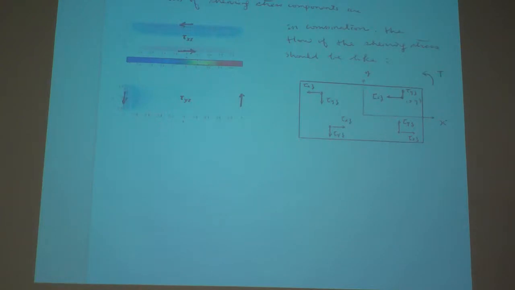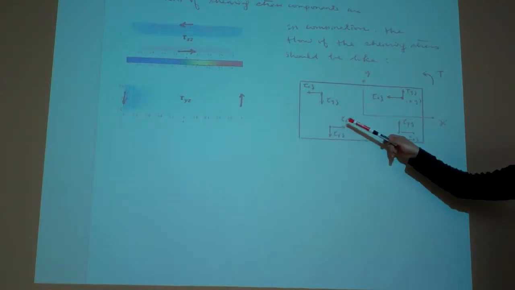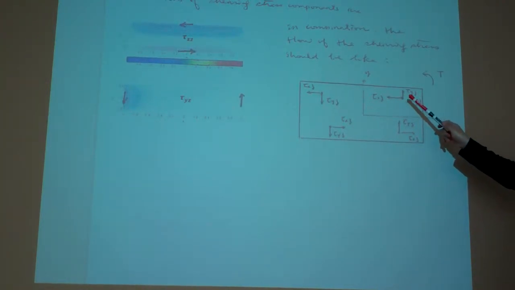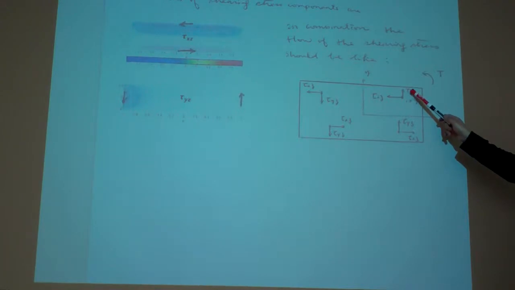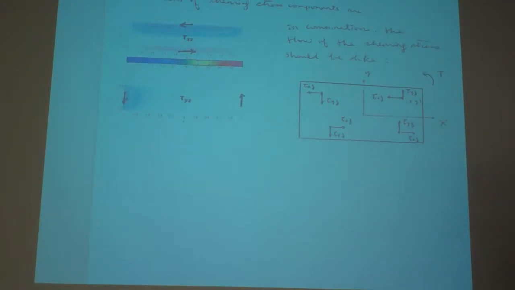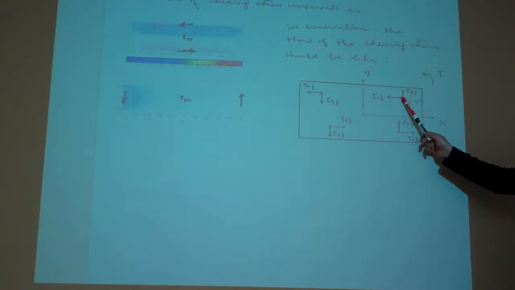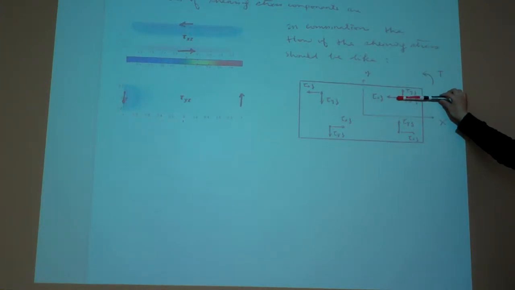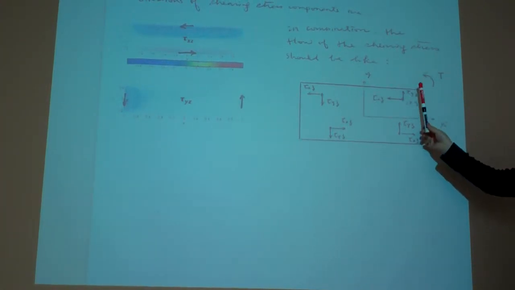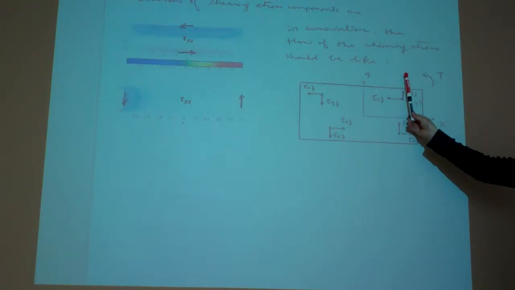I use MATLAB. Okay, and here this is for each quadrant. I specifically plot the right direction of the stress component. For example, in the first quadrant, the ZX component is like this. The ZY is like this.